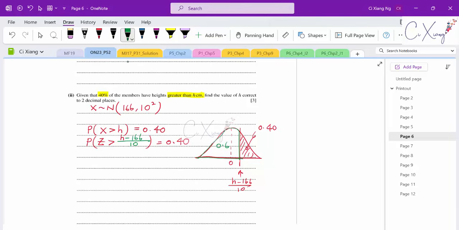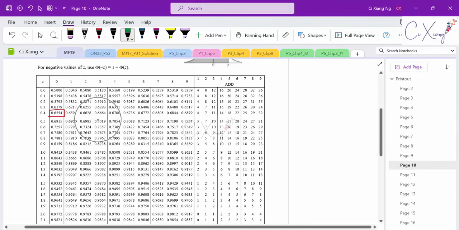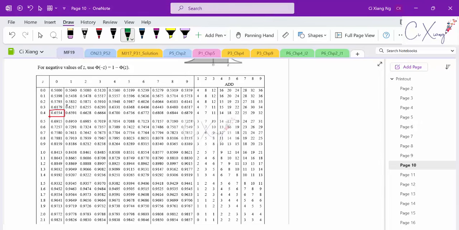All of us know that when you want to find a value backward, that means from probability to the value of z, you need to make sure that you have a large area. Large area means the value is more than 0.5. If you look here, all these are probabilities, and the probabilities shown in the table are all more than 0.5.